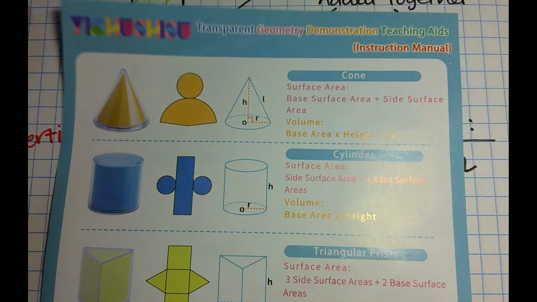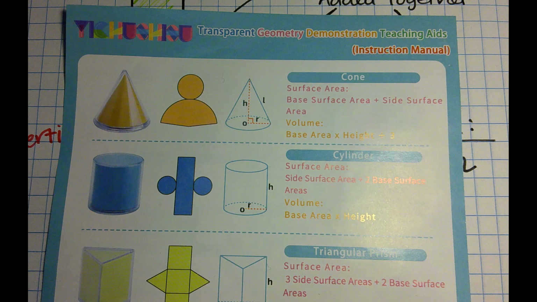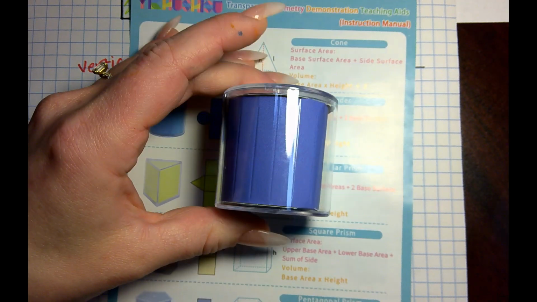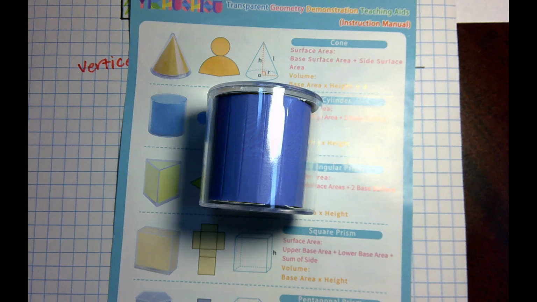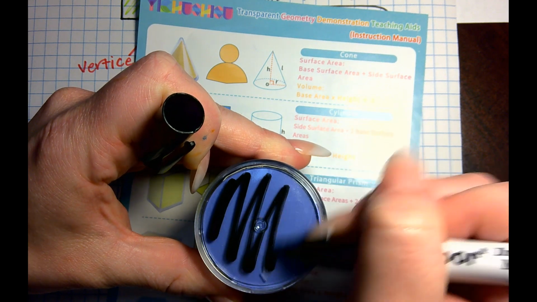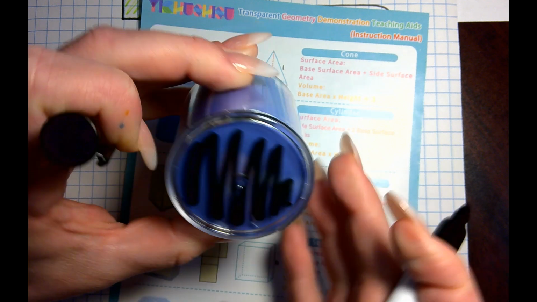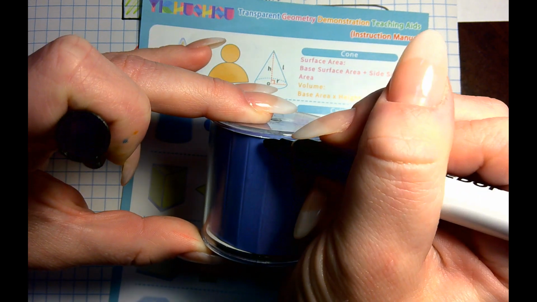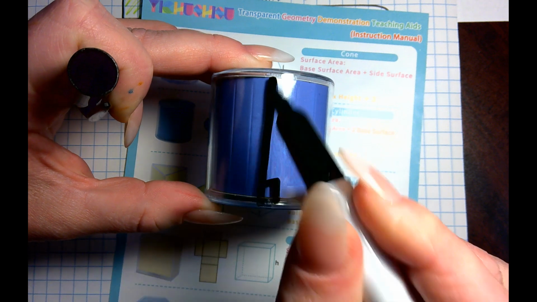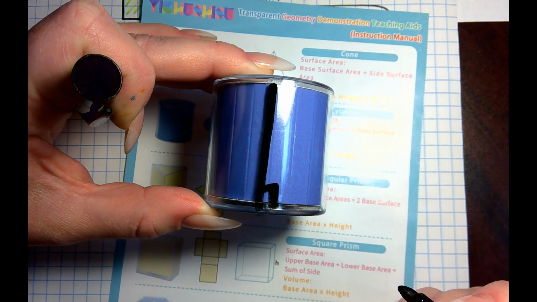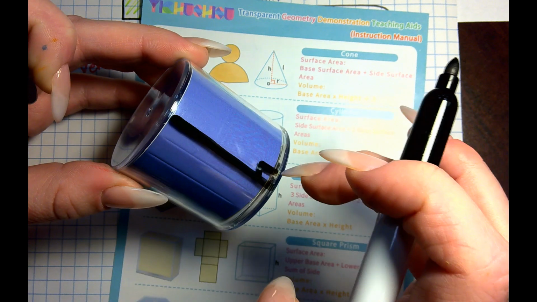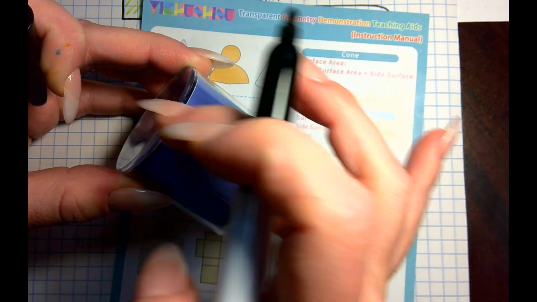So here's a cylinder right here. This is the base area. The height is this measurement from here to here. So whatever this is times that height.